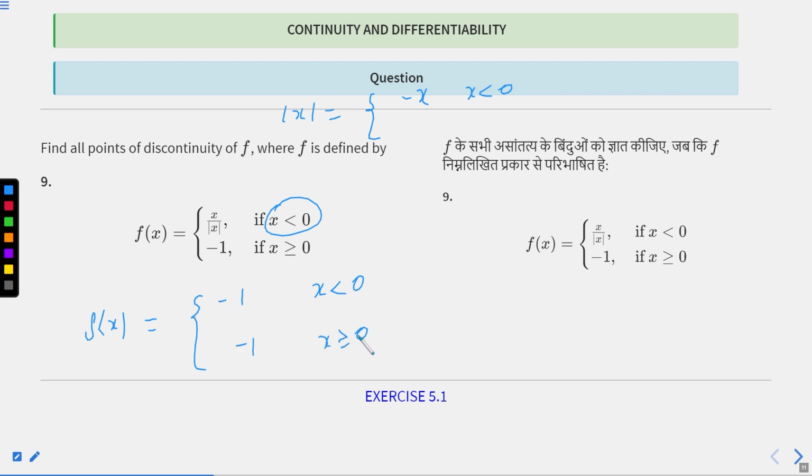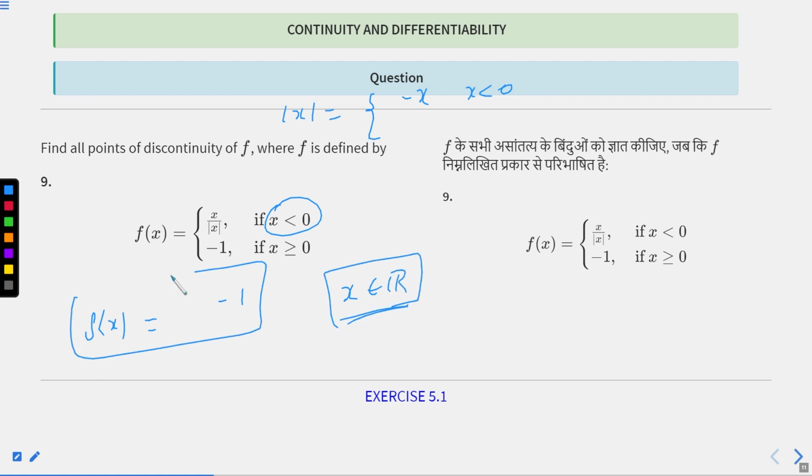For x positive, our function is this. Now, for x greater than or equal to 0, I have defined my f(x) is equal to minus 1. And for x less than 0, I have defined this. So I am just saying that f(x) is equal to minus 1 for every real number x.